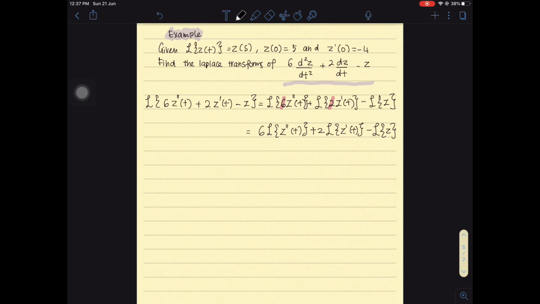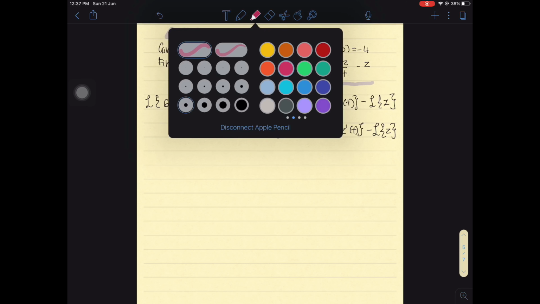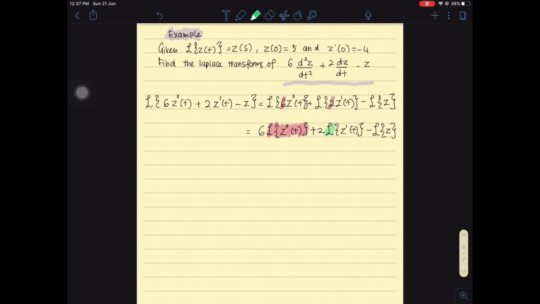This is what you want to find. So the method now is, what is the Laplace transformation of z''(t), what is the Laplace transformation of z'(t), and what is the Laplace transformation of z. Given here, the Laplace transformation of z is equal to Z(s), therefore later we will substitute it here.